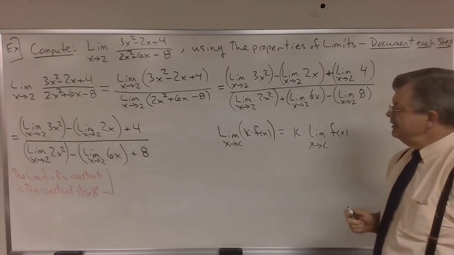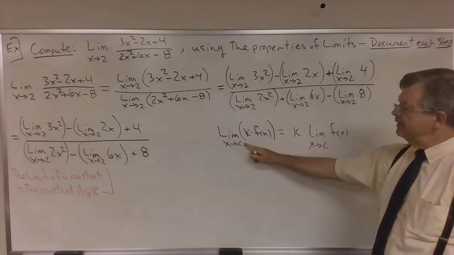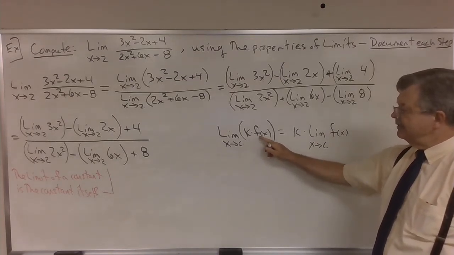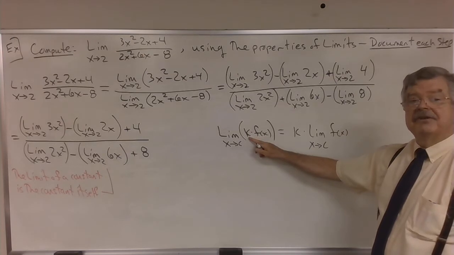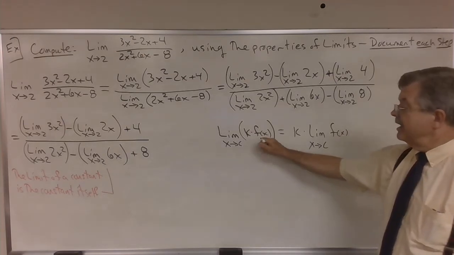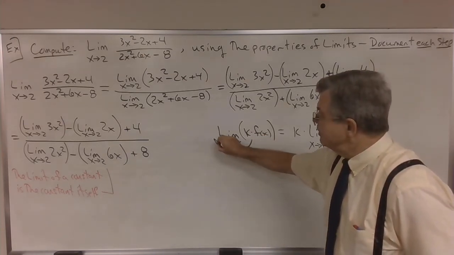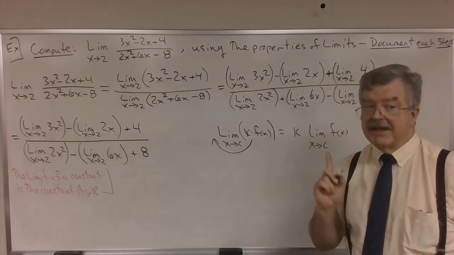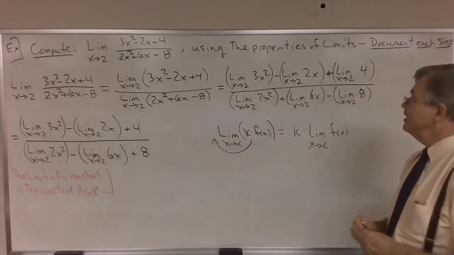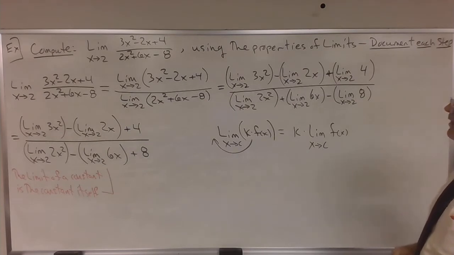What that means essentially is that if we're computing the limit of a constant times a function, we can take this constant factor and move it out in front of the limit sign.